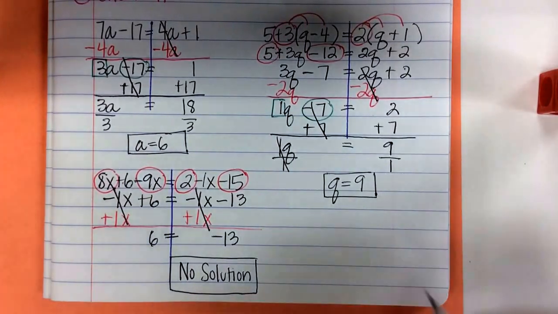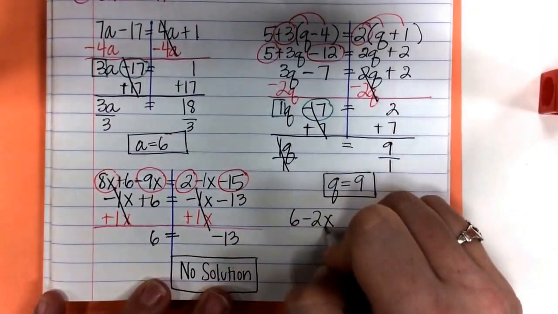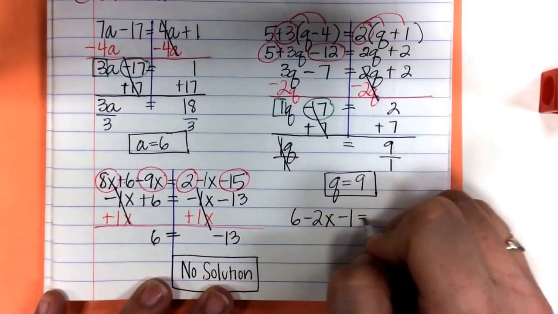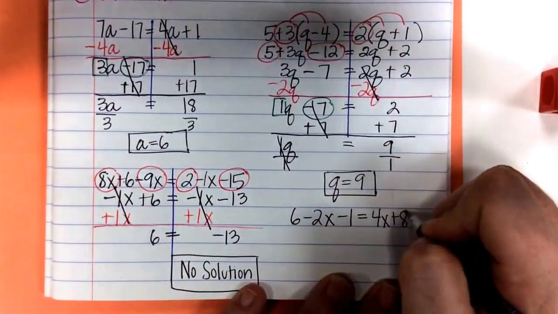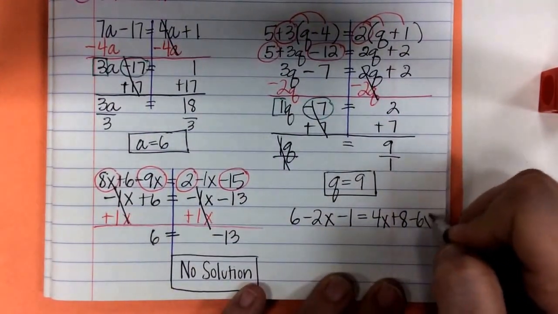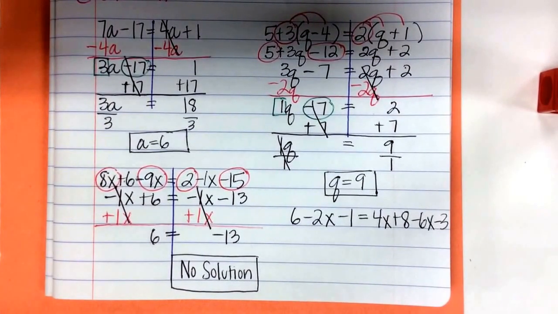Let's do one more. 6 minus 2x minus 1 equals 4x plus 8 minus 6x minus 3.